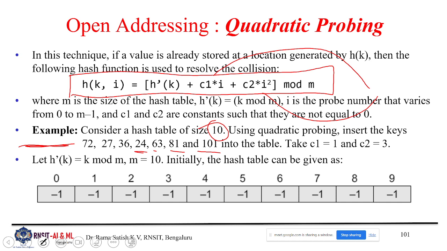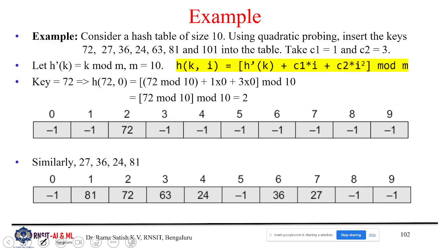When there is no collision, this is the thing. Now, take the first element, 72. 72 modulus 10 is 2. So the 2nd place is empty, and it will automatically be stored. There is no problem, 72 will be stored. Similarly, 27, the 7th position is empty, so it will be stored. Similarly, 36 will be stored, and 24 is stored at the 4th position. 81 is stored.